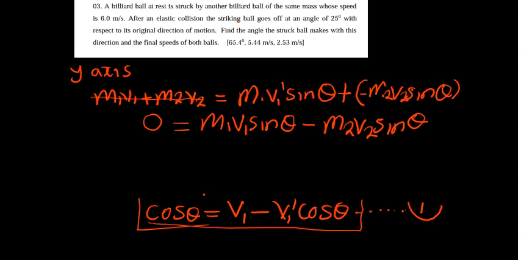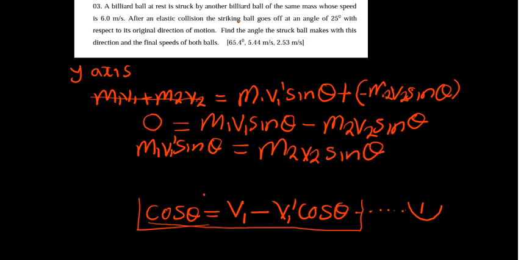When m2 v2 sine theta crosses the equal sign, m1 v1 final sine theta is equal to m2 v2 sine theta. At this point, we can cancel the masses since we know that they are the same.